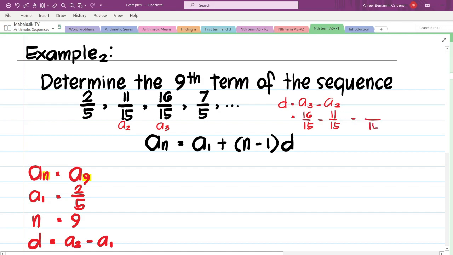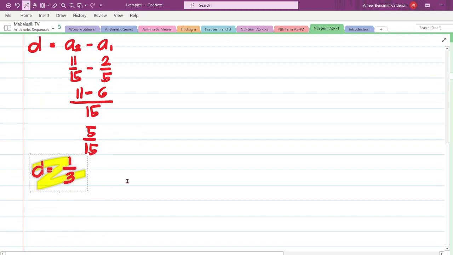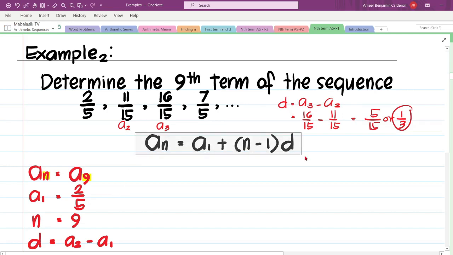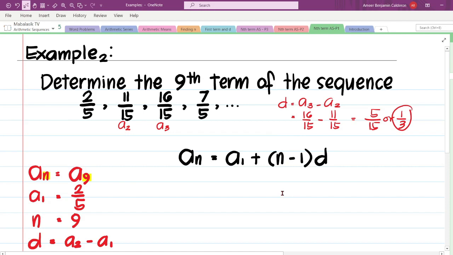So we just copy the denominator and then operate on the numerator, that is 16 minus 11 is 5 over 15, or 1 over 3 if we reduce it to simplest form, which is just the same, 1/3. Okay, so you can use that easier method, or you can just use the customary method. That's also fine with us, for as long as you get 1/3 as your common difference.